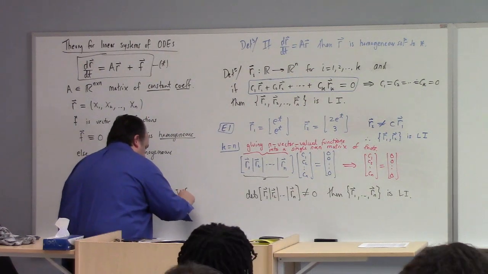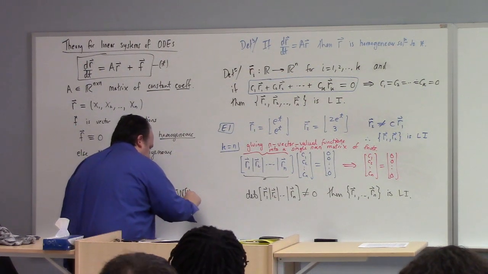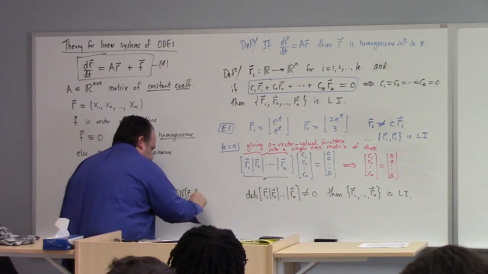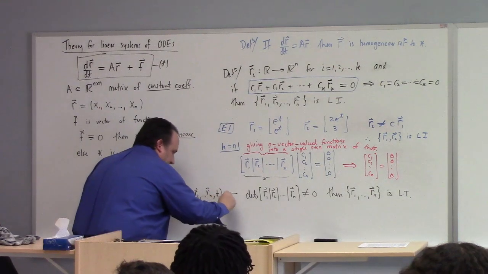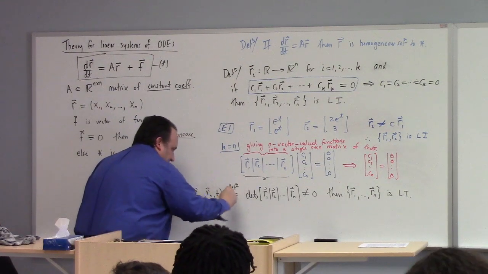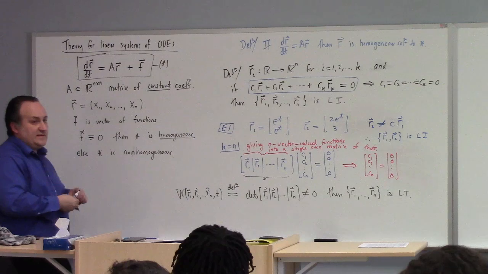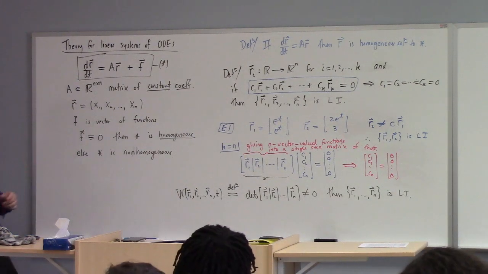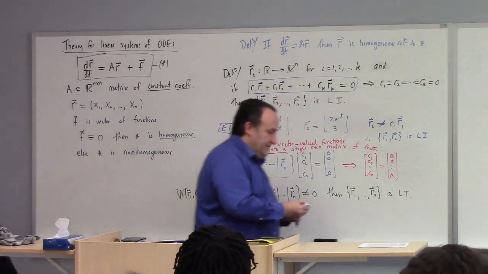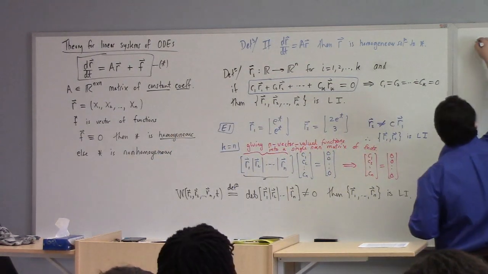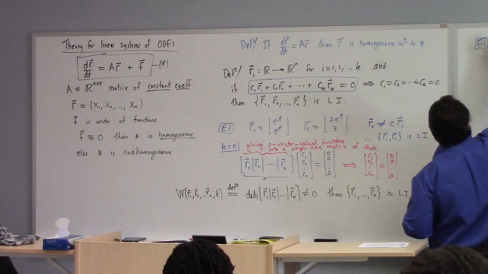The Wronskian of vector functions R1, R2, ..., Rn at time t is simply the determinant of the matrix formed by gluing these things together. So for my example 1, we could straight up calculate the Wronskian. It would be very boring. Here's how it goes.